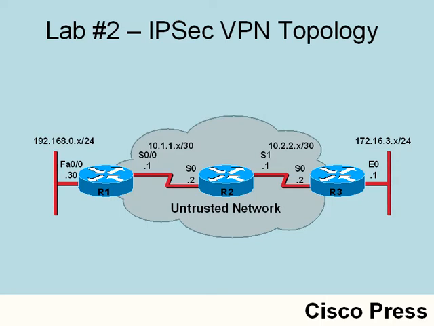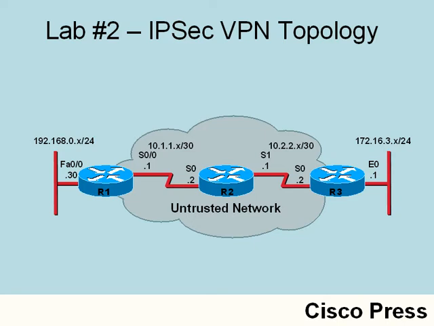There are different types of VPNs, different protocols that we can use for our VPNs. We are specifically going to be focusing on an IPsec, an IP security virtual private network. This can do several different things for us. One of the things it can do is make sure that as data is transmitted from one side to the other, for example, take a look at the 192.168.0.0 network hanging off of FastEthernet 0/0 on router R1.